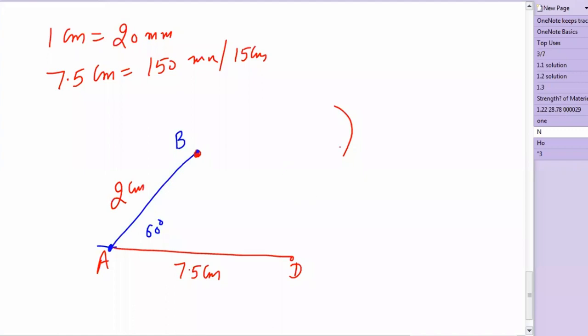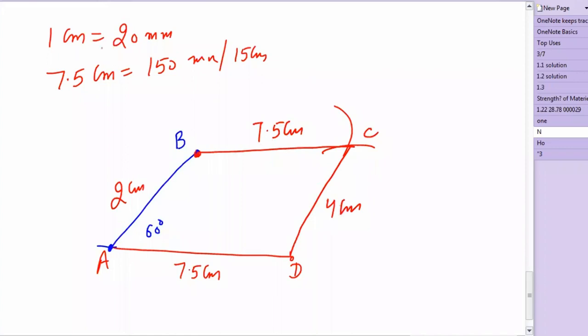Now open 4 centimeters and cut it over here. So this is how the configuration diagram can be drawn. This will again be 7.5 centimeters, and that will be 4 centimeters. Clear?